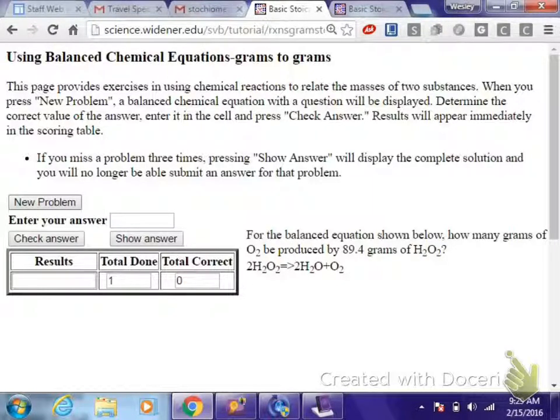Doing that problem. Grams and grams. Mass to mass.